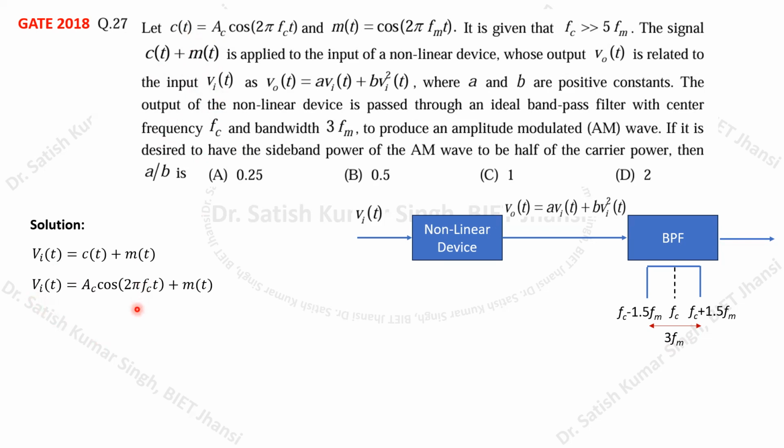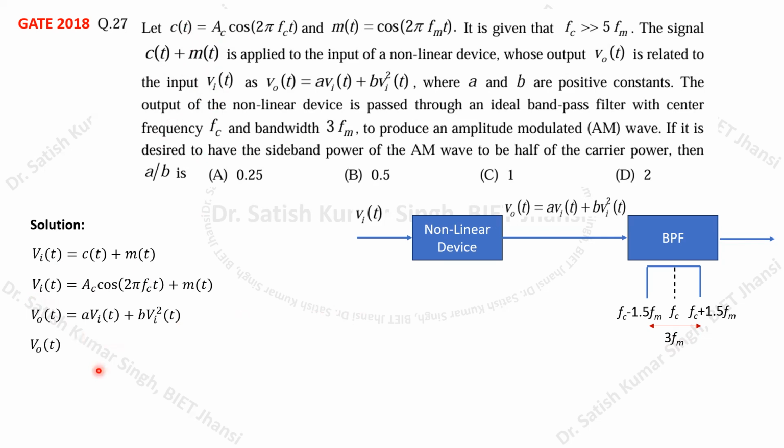Right now I'm not substituting for m(t). First I will solve this equation, and at the end we will substitute m(t) = cos 2πfmt. Here we can get the expression for V_out(t) when the signal V_in(t) passes through the nonlinear device. You can see this simple relationship of V_out(t) with V_in(t).